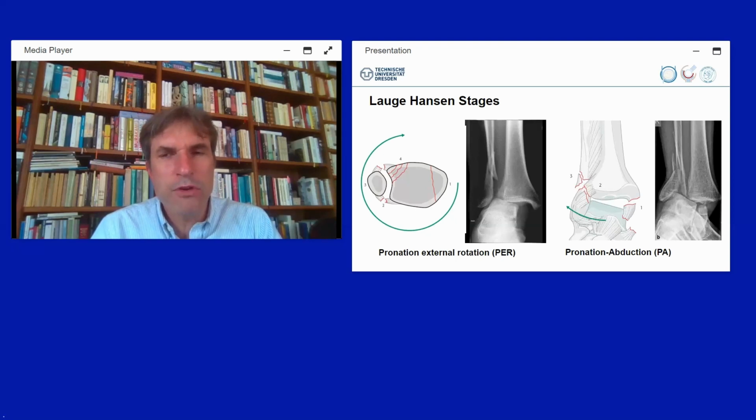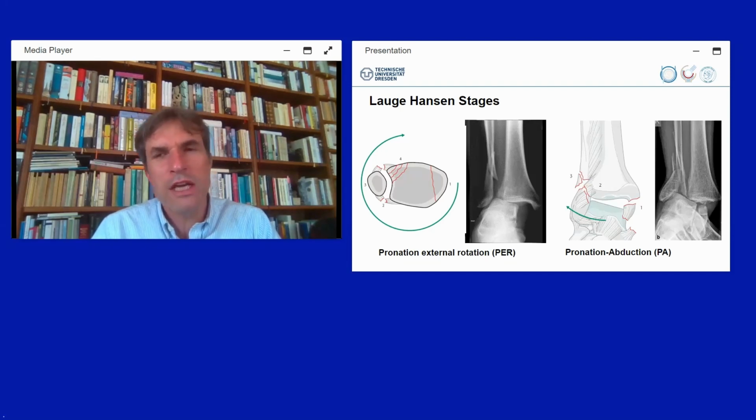And likewise with pronation adduction injuries, the forces start at the medial side of the joint, and then depending on the force at the time of injury, it may lead to impaction. And of course, there are a lot of criticisms of the Lauge-Hansen classification and of the experiments. Nobody was really able to reproduce it.